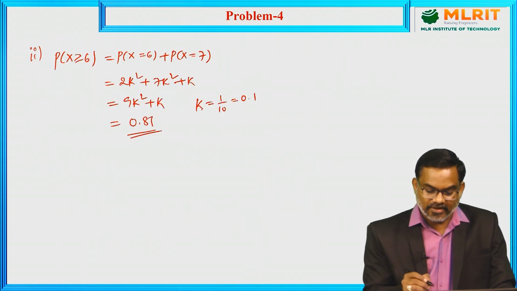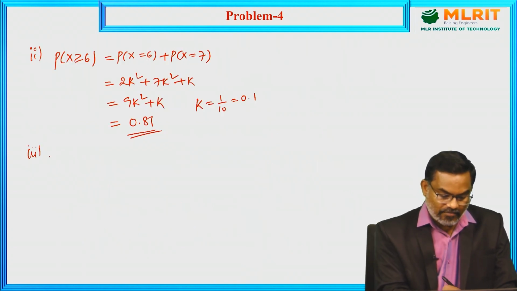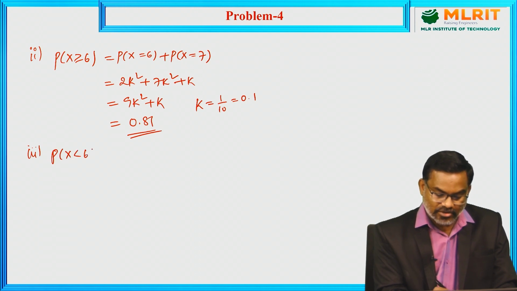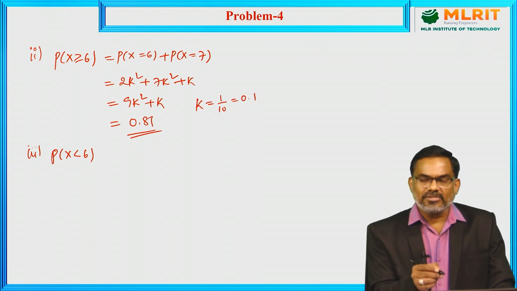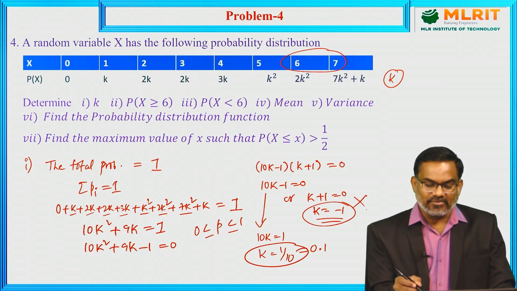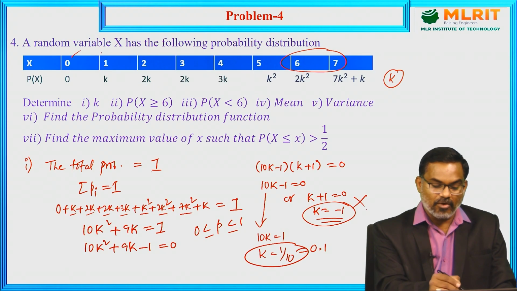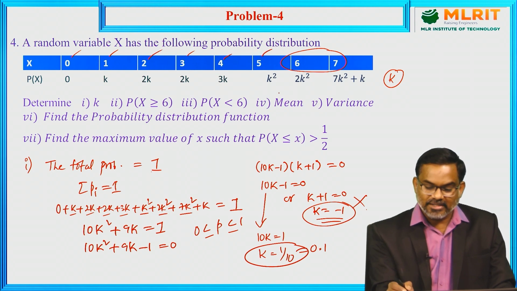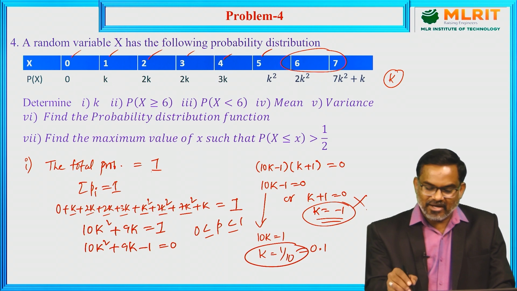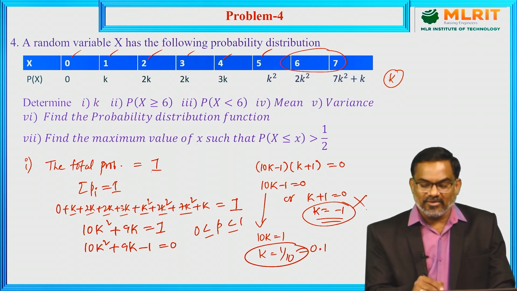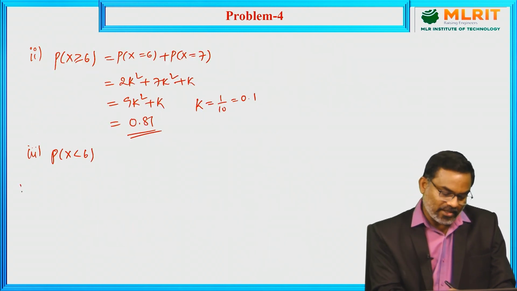Now the third one, probability of x less than 6, strictly less than 6. Less than 6 means all the values of x which are less than 6 we need to consider, that means 0, 1, 2, 3, 4, 5, the sum of all these probabilities. Instead of adding all these values, let us use the property that total probability is always 1.